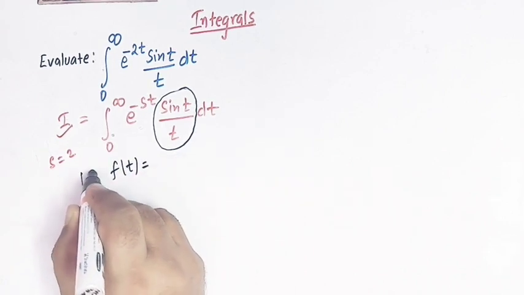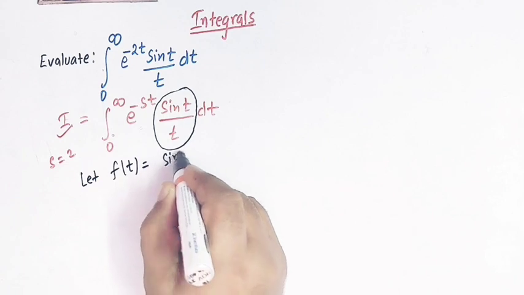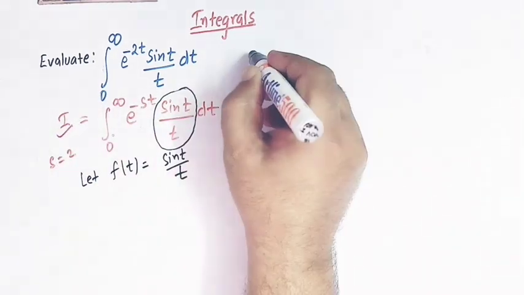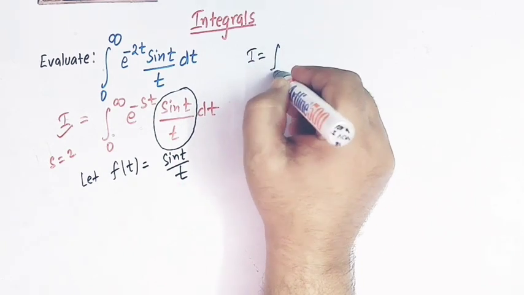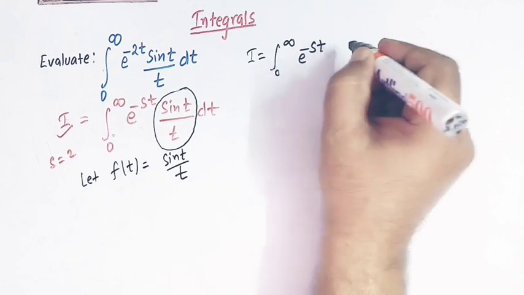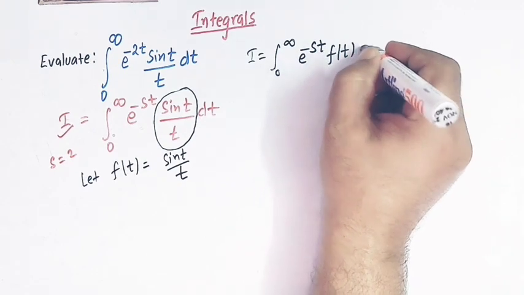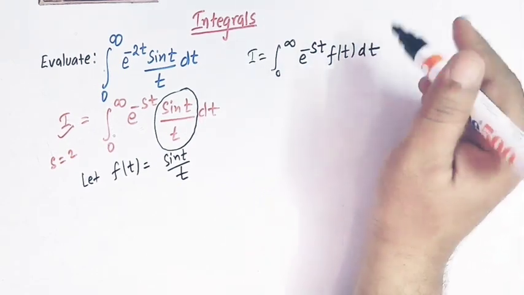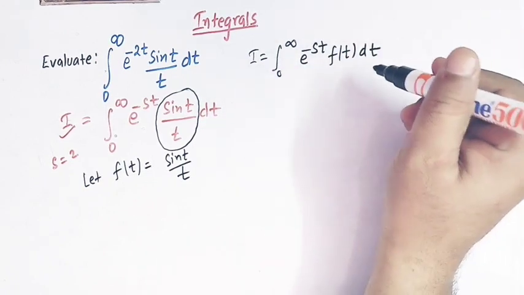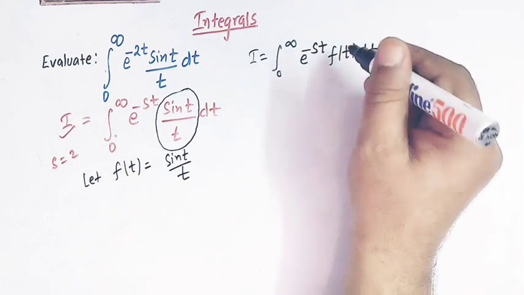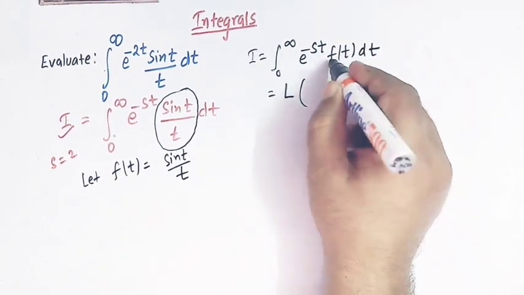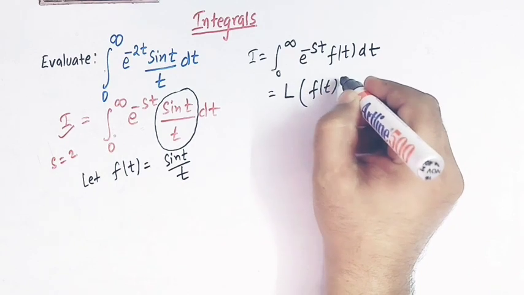So if we take f of t as sine t divided by t, then we can see that this integral I becomes 0 to infinity, and we have e raised to minus st f of t dt, right? So now we have obtained this integral, and we can easily see that this integral is nothing but the Laplace transform of this function f of t, right?